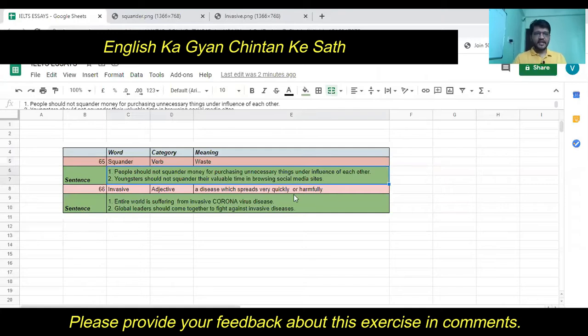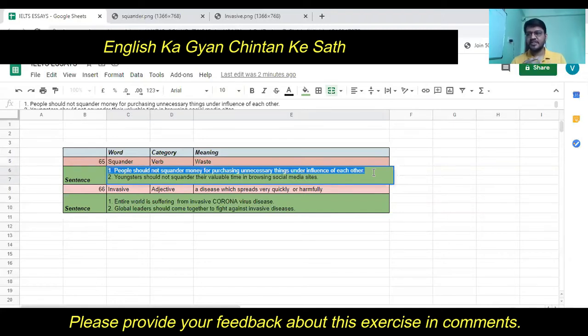Now the first sentence that I have created for this word is, people should not squander money for purchasing unnecessary things under the influence of each other. यानी people को money waste नहीं करनी चाहिए for purchasing unnecessary things under the influence of each other.